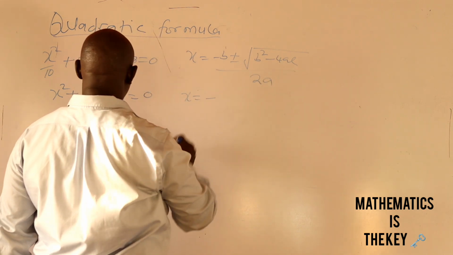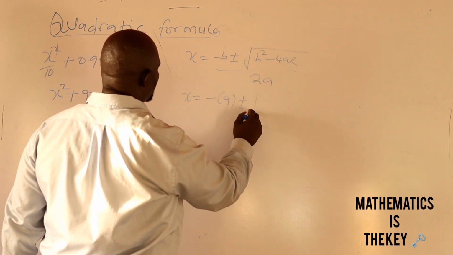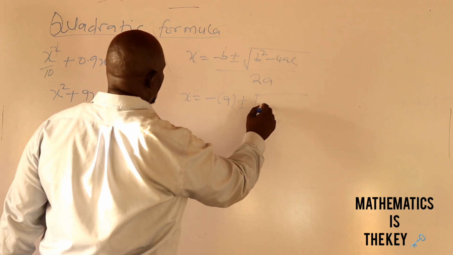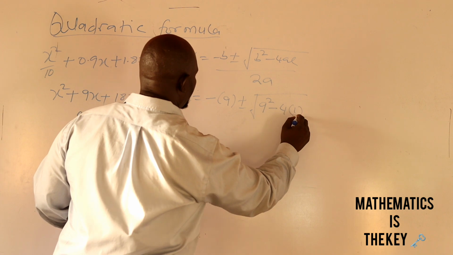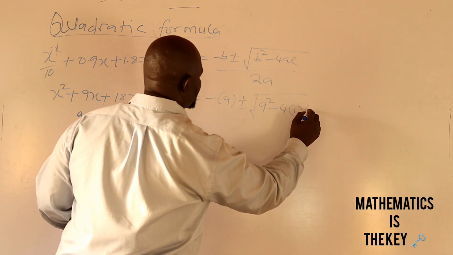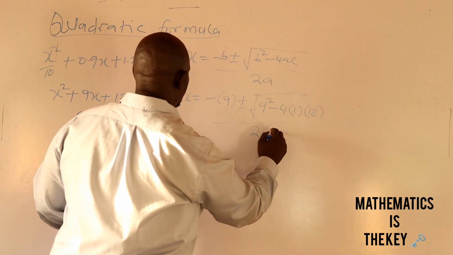So x is going to be minus b, which is 9, plus or minus square root of 9 squared minus 4. The value of a is 1 and the value of c is 18, all over 2 into bracket 1.